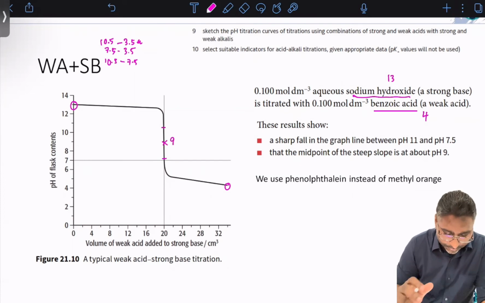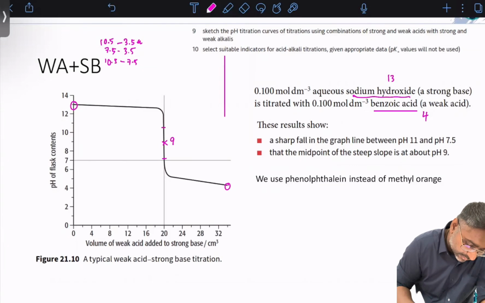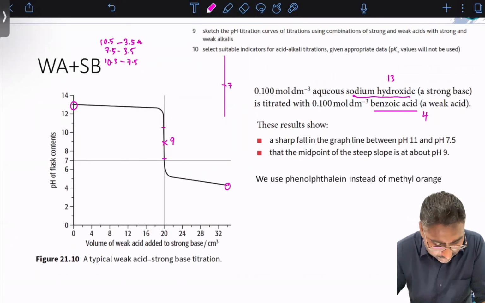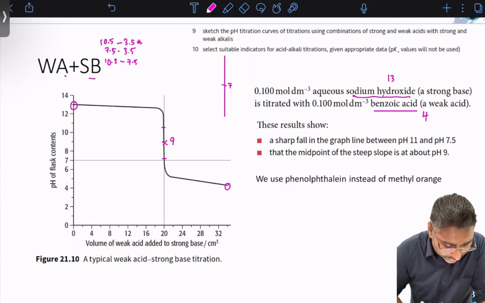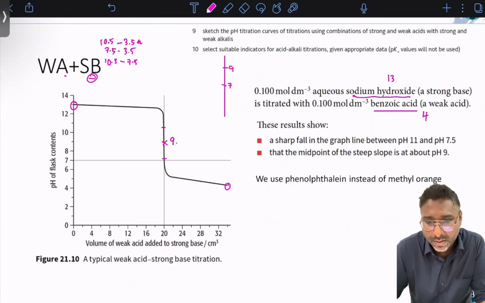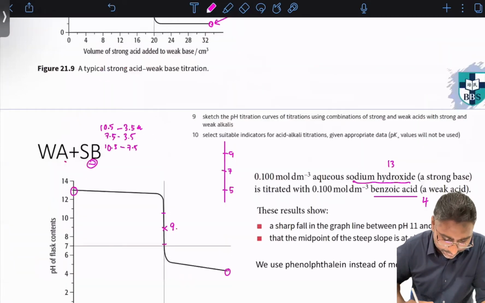If you follow closely, previously the midpoint was 7. If you are using strong base, weak acid, the midpoint will be 9, like what we did. And if you are using strong acid and weak base, the pH will be 5, like what we did just now.